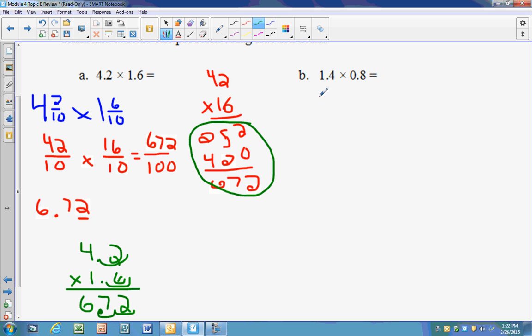So we go over here. We have 1 4/10 times 8/10. And that brings us to 14/10 because we have to make it into an improper fraction times 8/10. If I need to do the math on the side, I can.